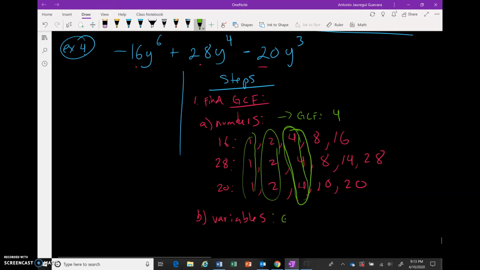And then the greatest common factor for the variables, this one's the super easy one, right? You just take the variable that has the lowest exponent, which is y to the power of 3.